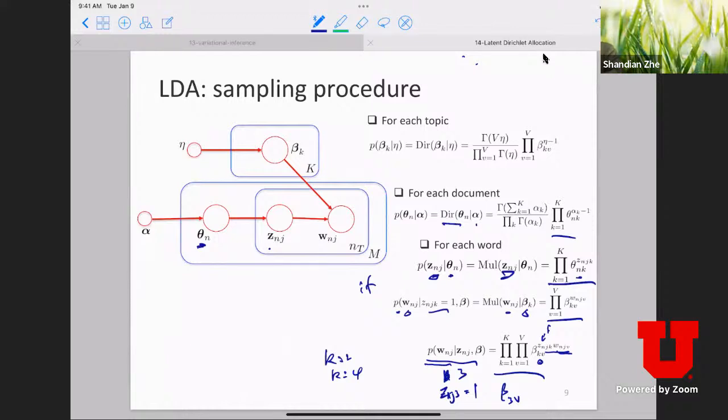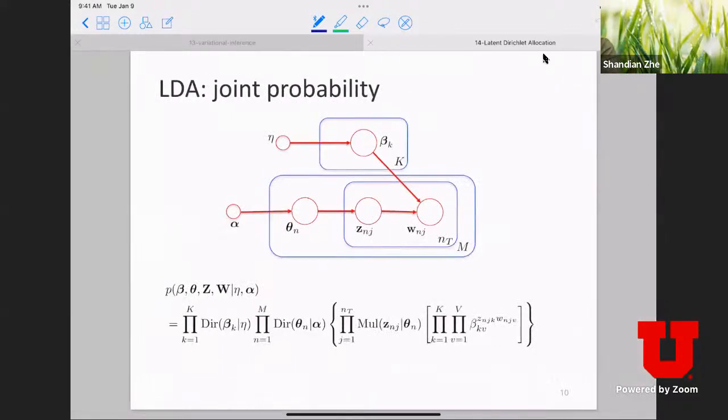Okay, so if we write down the joint probability, it is a bit lengthy, but it's quite structured. In our case, we first sample the word distributions for all the K topics, each of which is sampled from a Dirichlet distribution, and then you go through the whole set of documents.